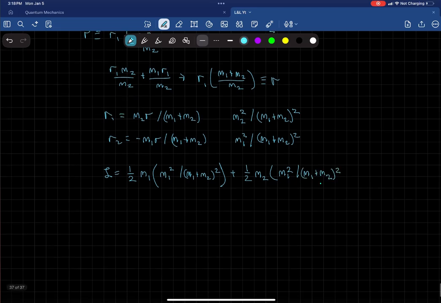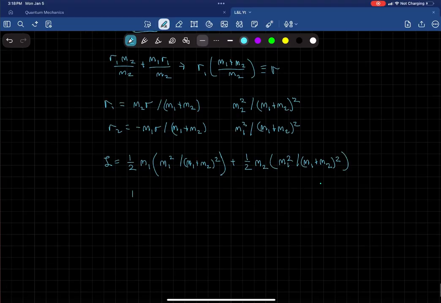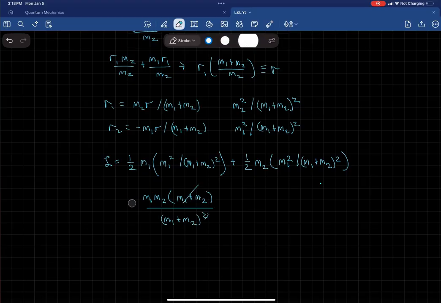And I can now combine these two terms into one, which would give me 1/2 m1 m2 times m1 plus m2, all divided by my denominator, m1 plus m2 squared. And we have some nice cancellation going on here.